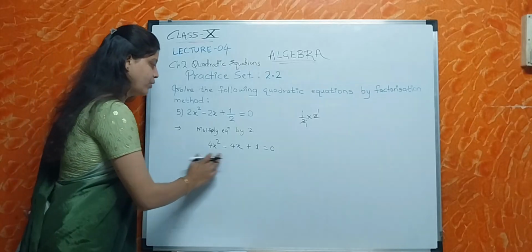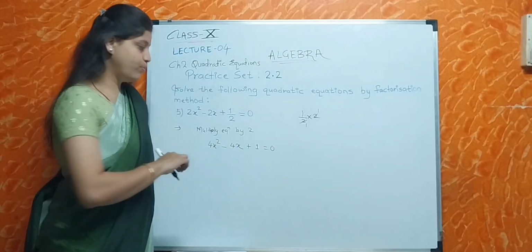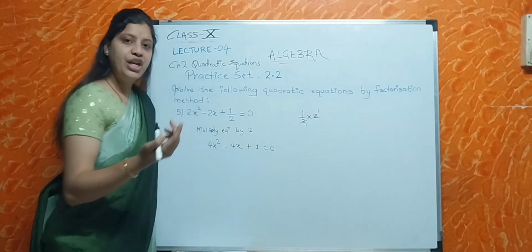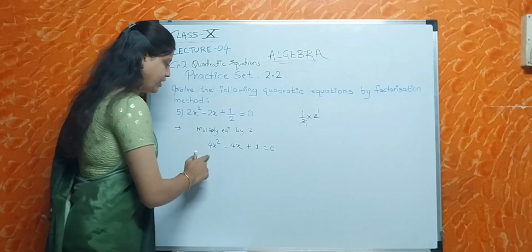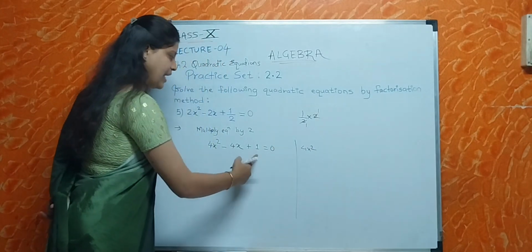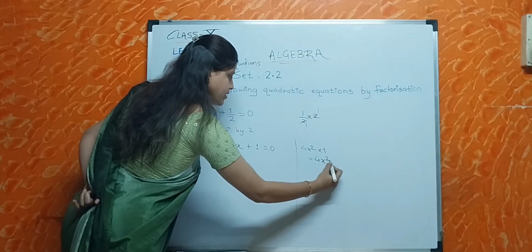Now see, to factorize this equation, we know the first step is to multiply the first term and the last term so that we can find the factors. So what is the first term? 4x square. And what is the last term? 1. Multiplied, that is 4x square.